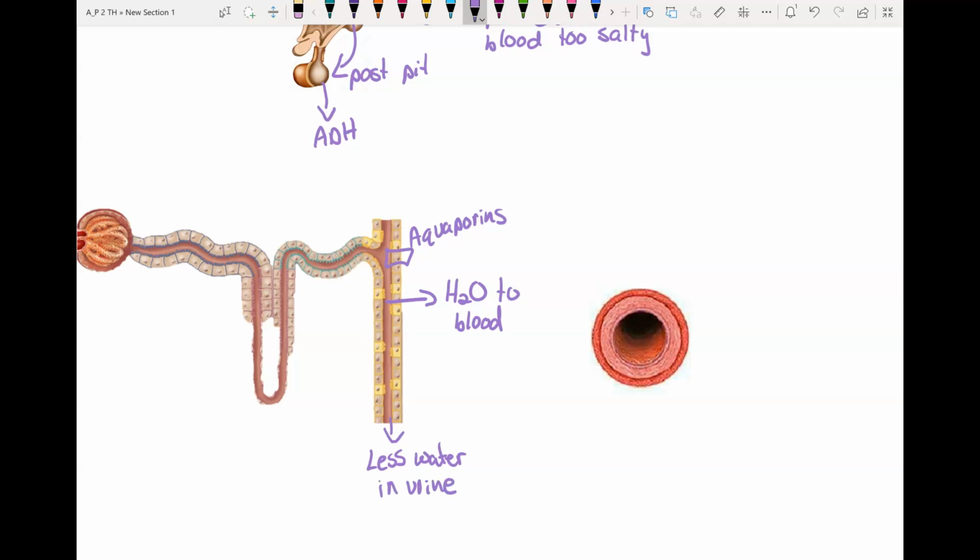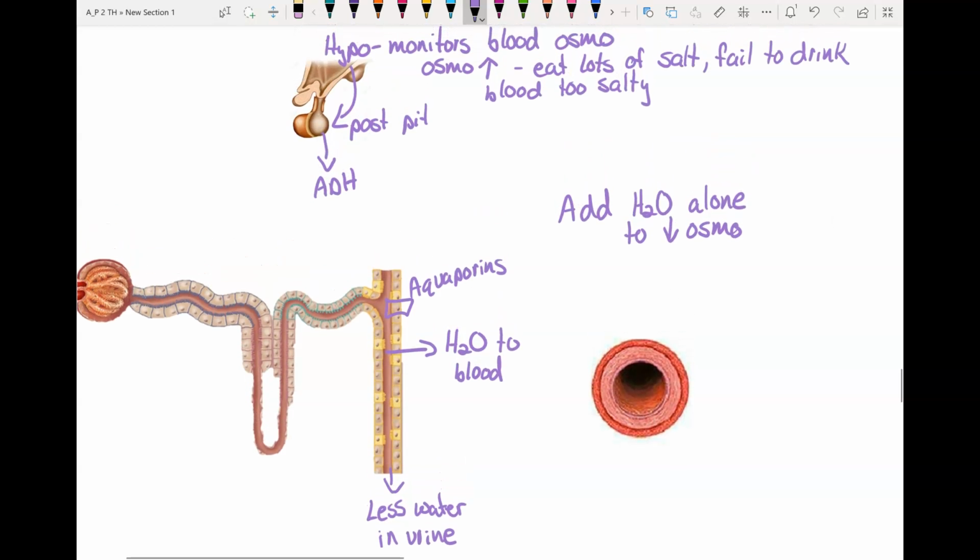And ADH acts on water alone. It has no effect on salt. So because you're adding water, but you're not adding salt, you reduce the osmolarity. So you fix that problem of your blood being too salty.